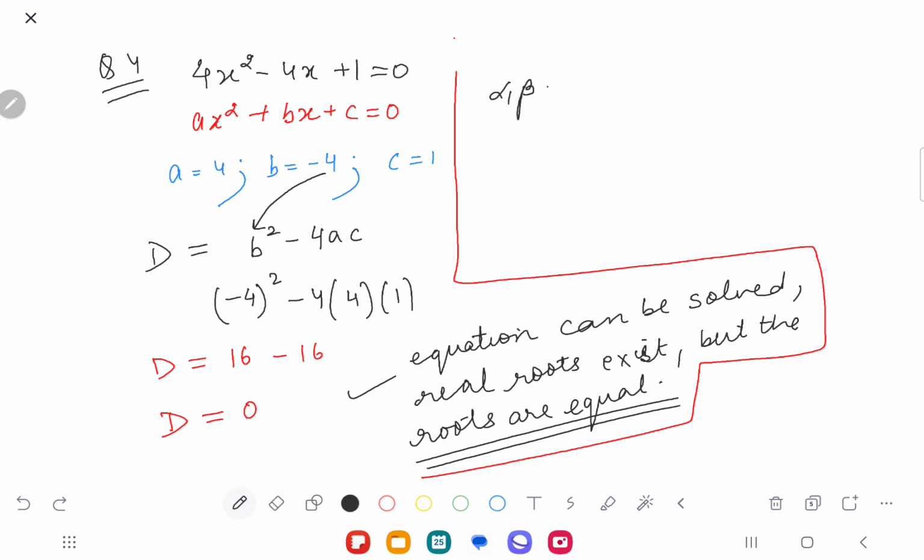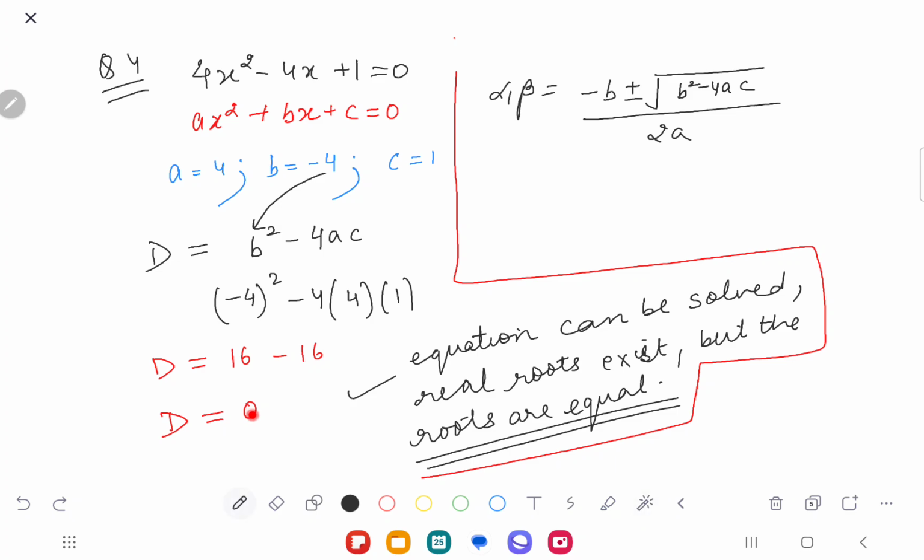So when I say minus b plus minus under root of b square minus 4ac over 2a, this b square minus 4ac is nothing but my discriminant. And b square minus 4ac here is coming out to be 0.